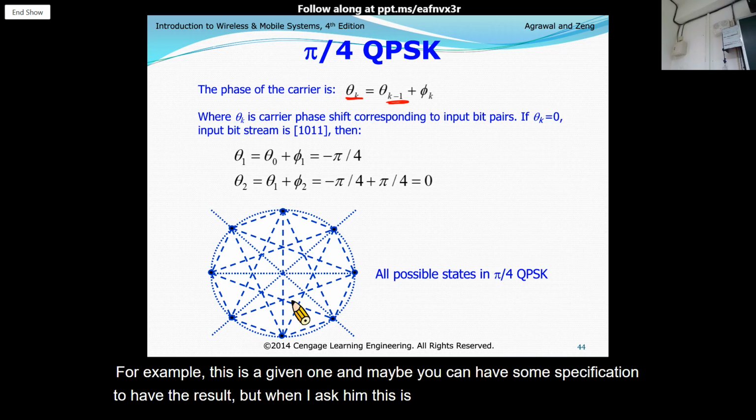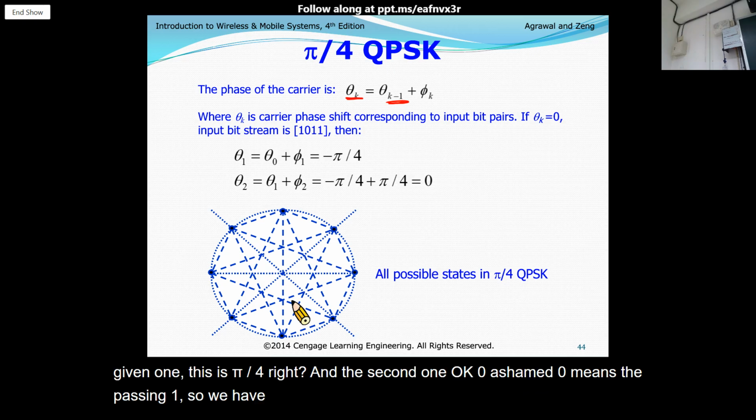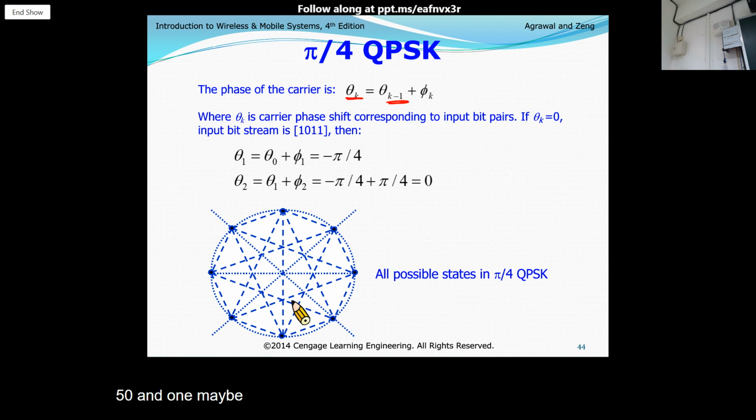If you have the given one, this is pi over 4, right? And the second one, assume 0 means the positive one, so we have pi over 4. And the 1 maybe minus 1. Initially maybe 0, so 0 minus 1.